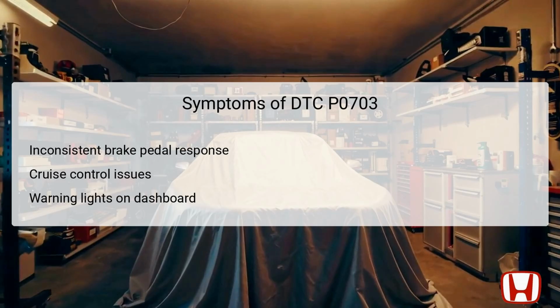In some cases, warning lights may illuminate on the dashboard, serving as alerts for the drivers regarding the underlying issue. These symptoms are directly related to how the brake pedal position switch operates and communicates with the PCM. Monitoring these symptoms can help ensure the vehicle's safety and functionality are maintained.